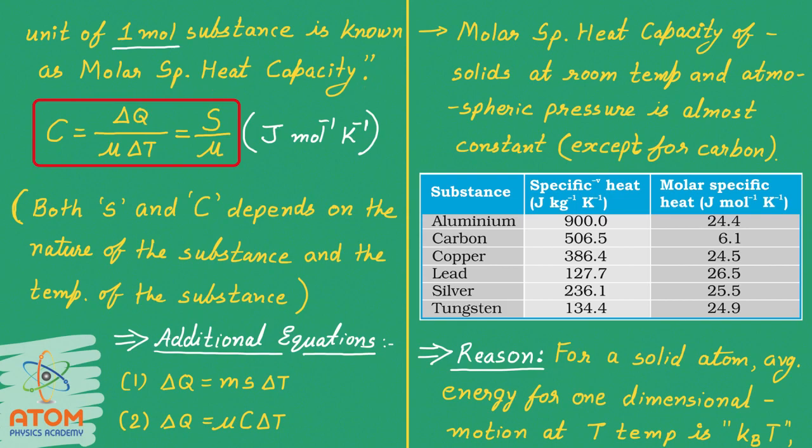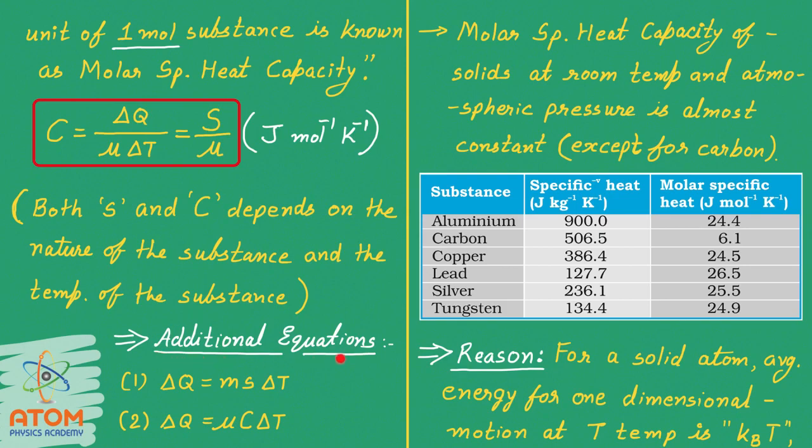Here you should note one thing, that both S and C, S is specific heat capacity and C is molar specific heat capacity, they both depend on the nature of substance and the temperature of substance. Remember, nature of substance and temperature of substance.